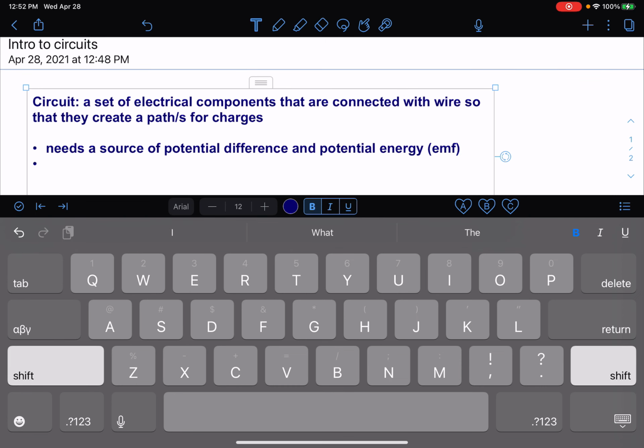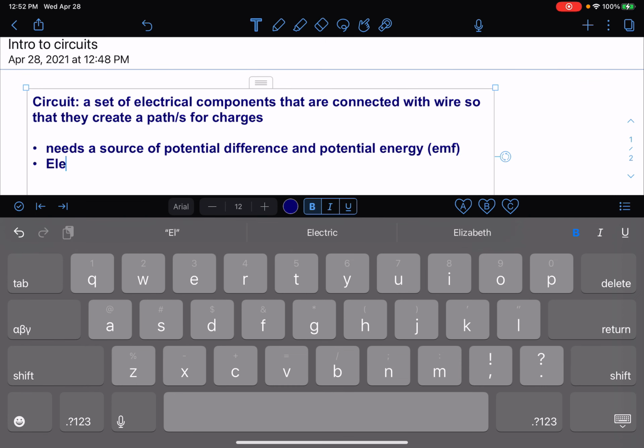Another thing that they need is they need an element to use the energy.